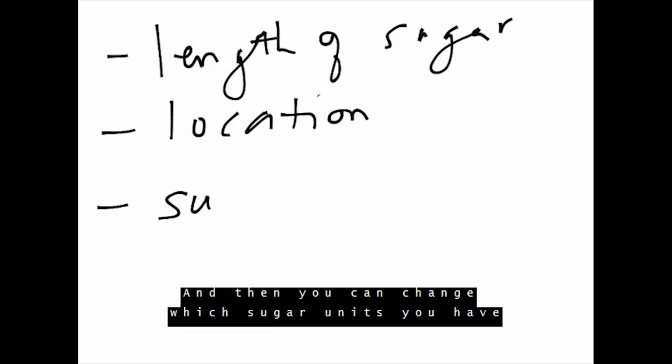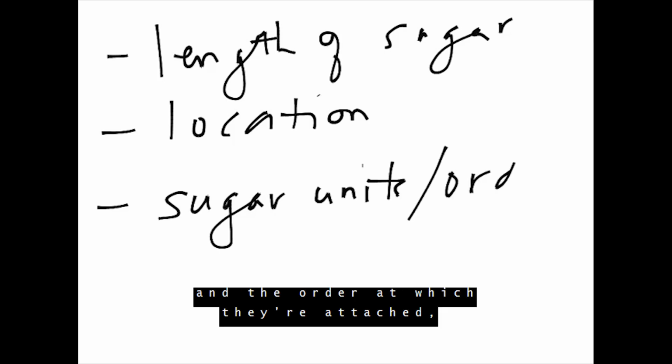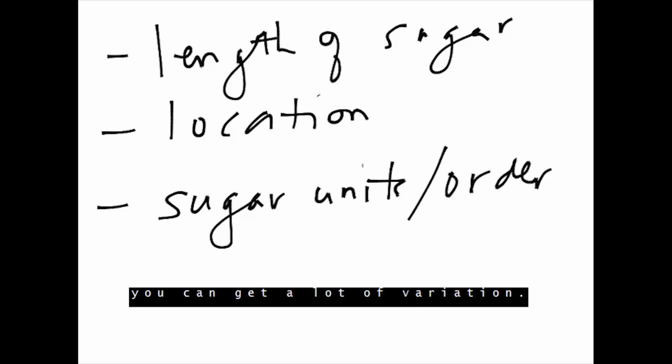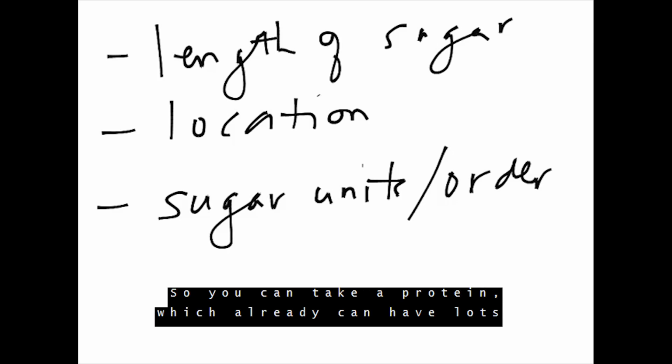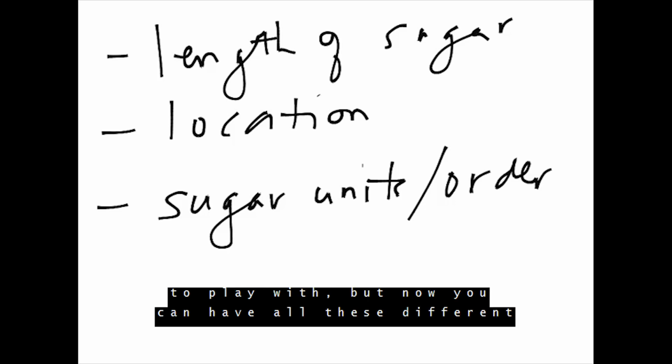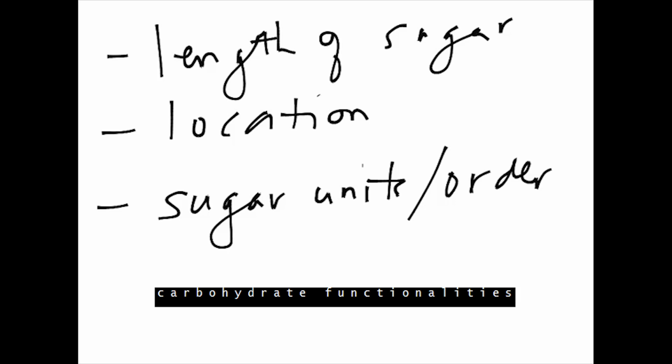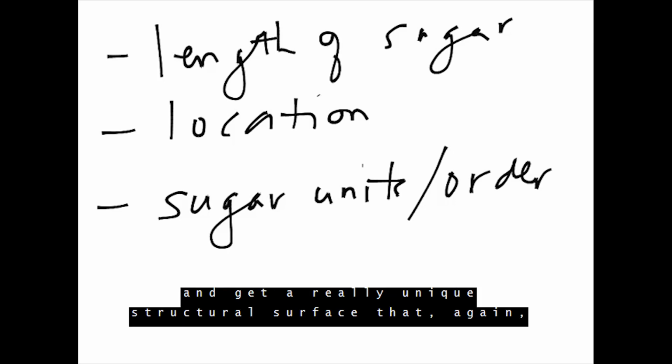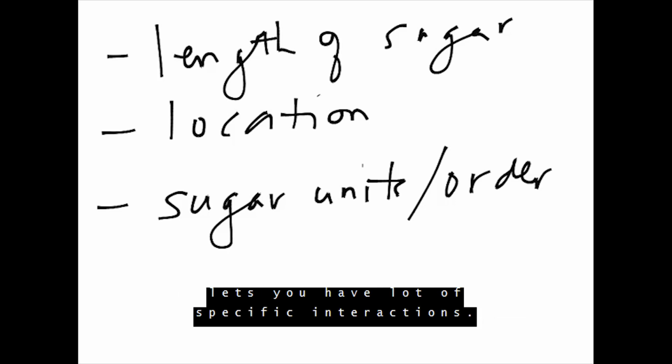And then you can change which sugar units you have and the order in which they're attached. You can get a lot of variation. So you can take a protein, which already can have lots of variation in it because we have 20 amino acids to play with. But now you can add all of these different carbohydrate functionalities and get a really unique structural surface that, again, lets you have lots of specific interactions.